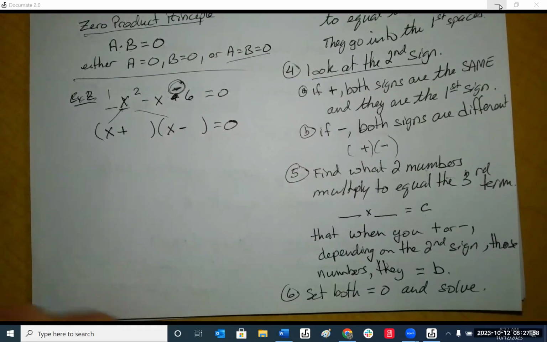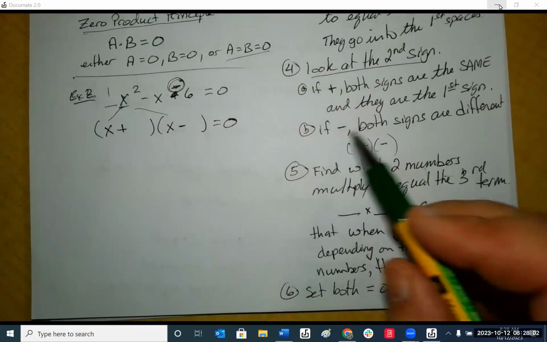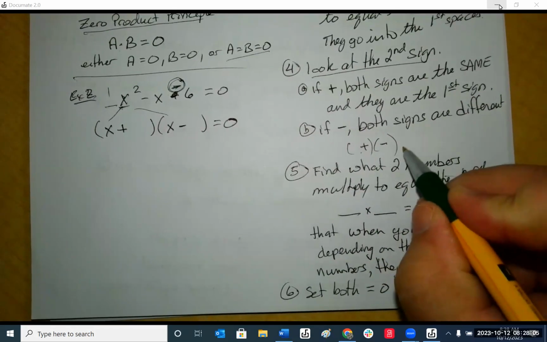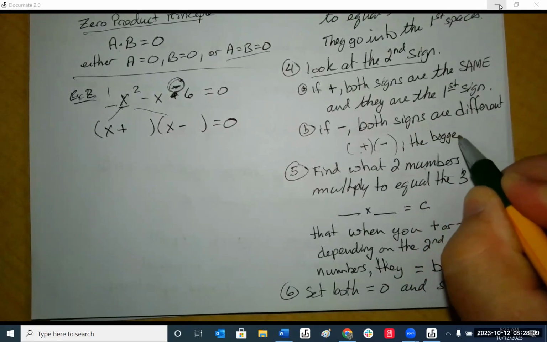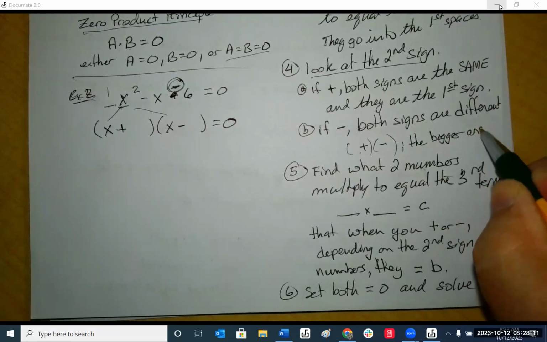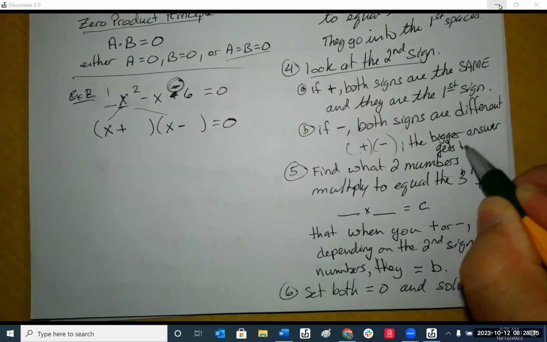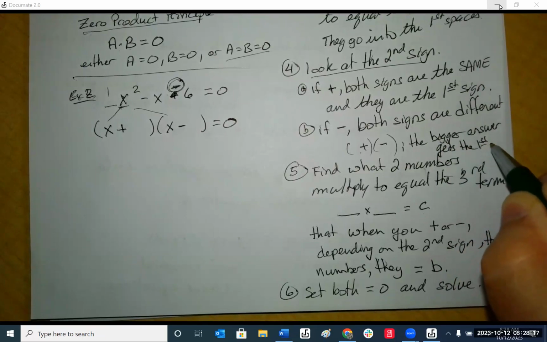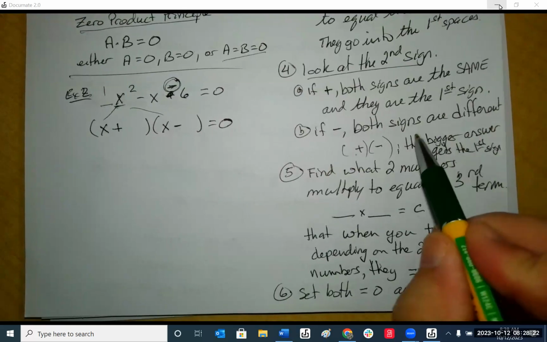Oh, I forgot to also tell you this. If the second sign is negative, one's positive, one's negative. The bigger answer gets the first sign. That's what that scribble is there.